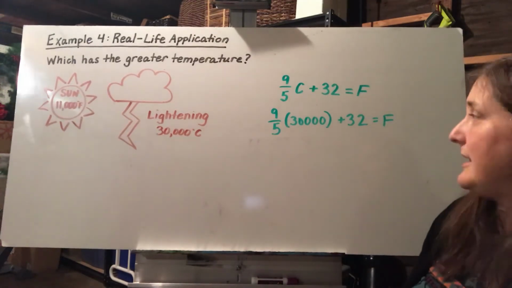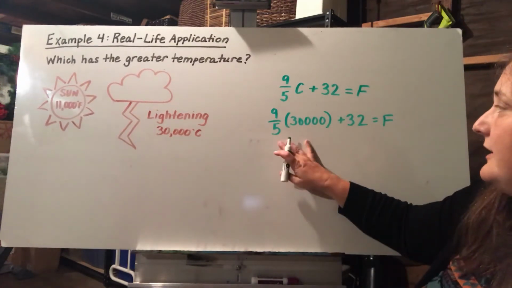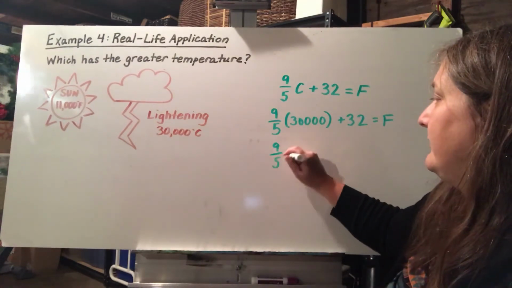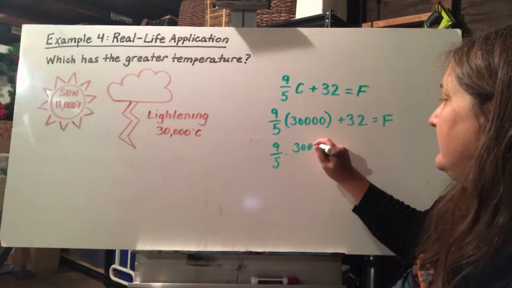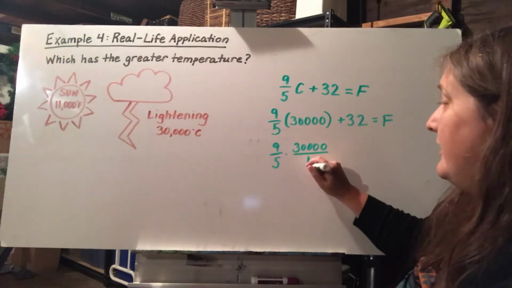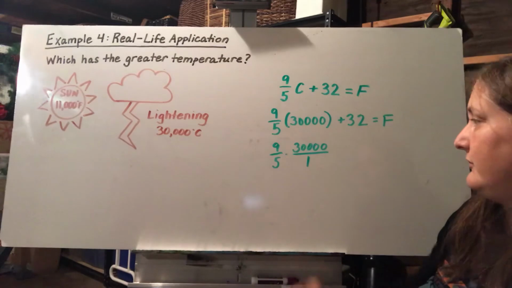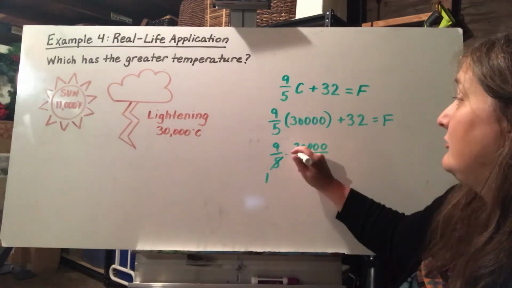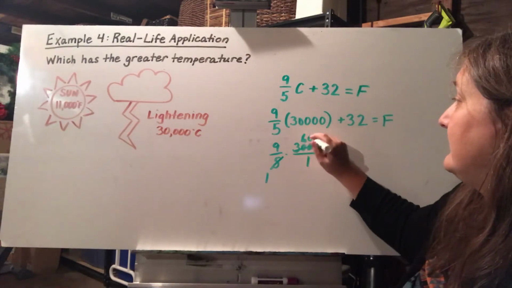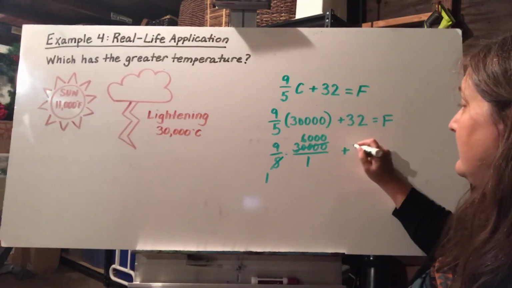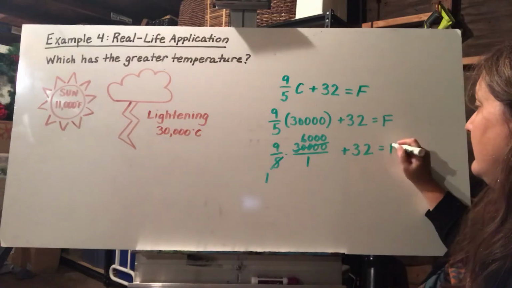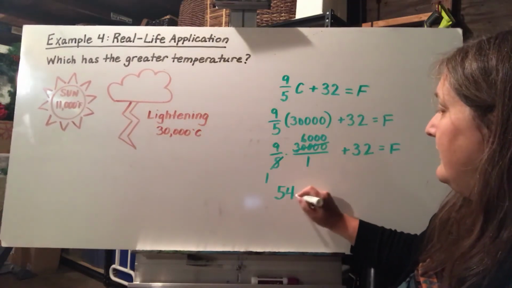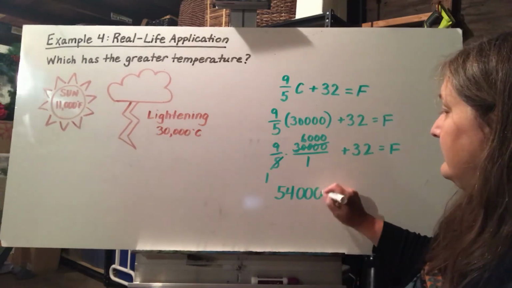All right, so here I'm being asked to multiply first 9/5 times 30,000, which is really 9/5 times 30,000 over 1. And I could do a little bit of cross reducing here. 5 divided by 5 is 1. 5 goes into 30,000 6,000 times. So 9 times 6,000 is going to give me 54,000.